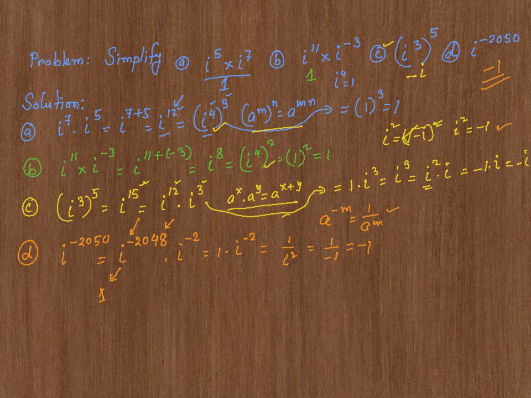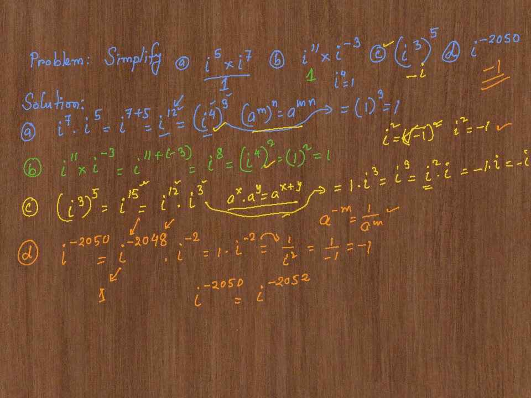So the last one is i to the power negative 2050. Another way you could do this problem is probably this. If you are not so comfortable going from here to here, what if I were to rewrite this as i to the power negative 2052?